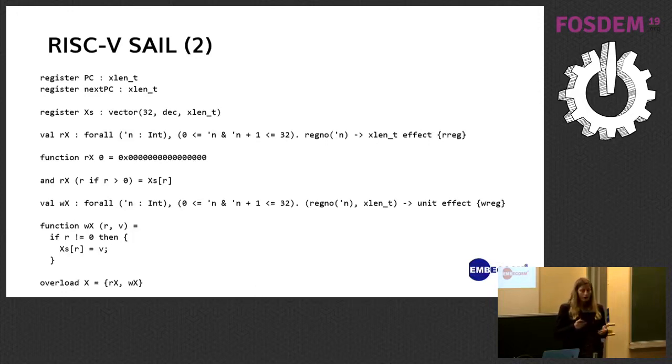Finally, we overload both the rX and wX functions as simply X. This allows us to write registers as X(r) = value and read registers as value = X(r). SAIL supports flexible ad hoc overloading and has an expressive language for assignments, with the aim of allowing pseudocode-like definitions.